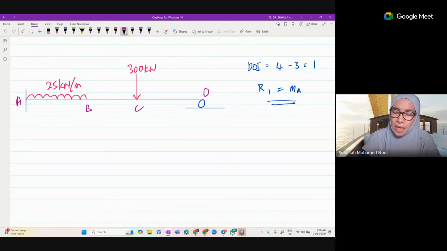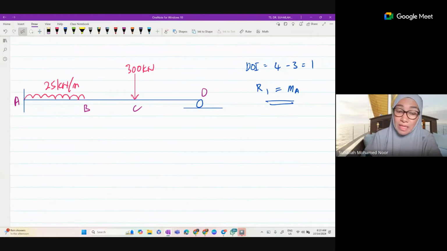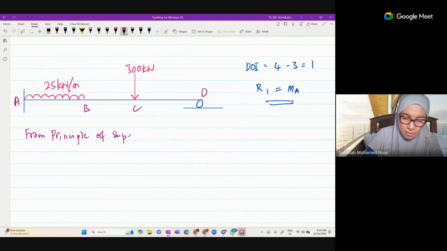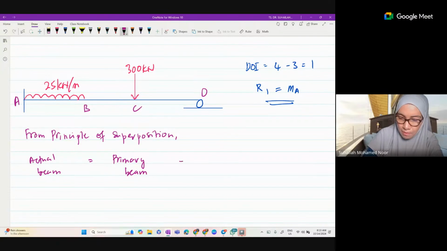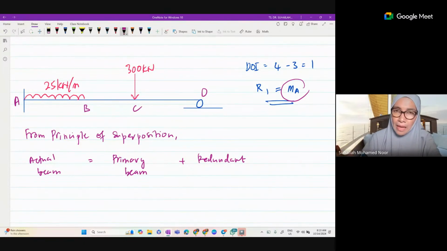With MA chosen as redundant, the compatibility equation we derive from the principle of superposition, where the general equation is: actual beam is equal to primary beam plus redundant beam, and for the redundant beam we use the name of the redundant, so redundant MA applied.